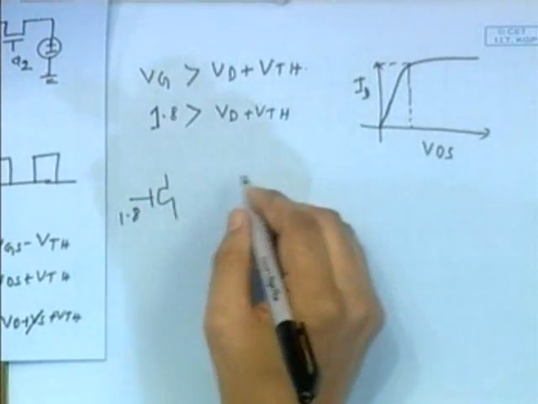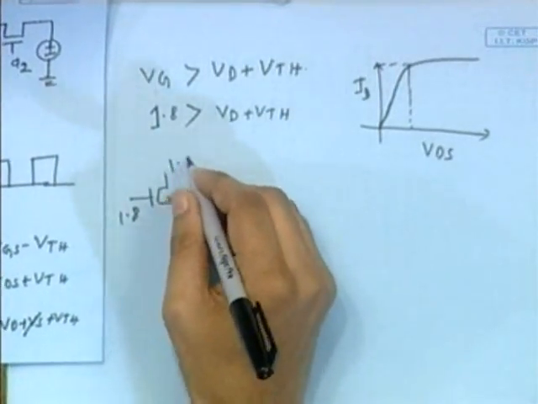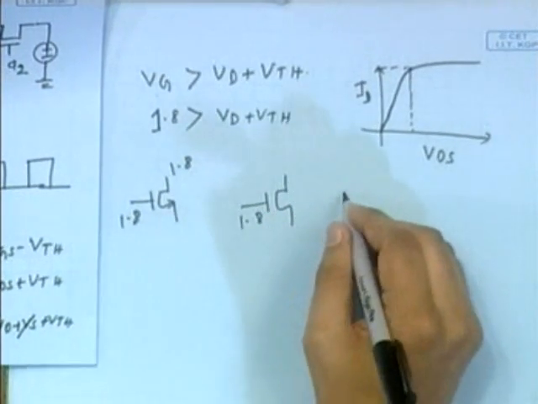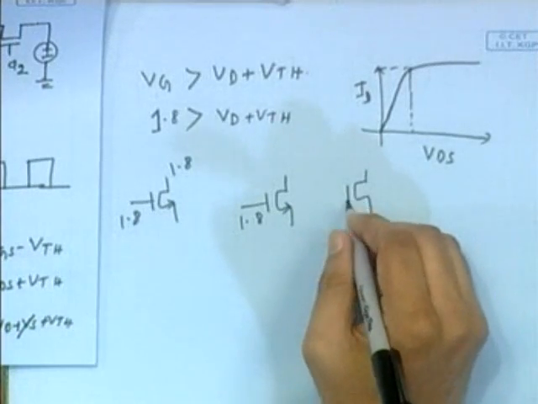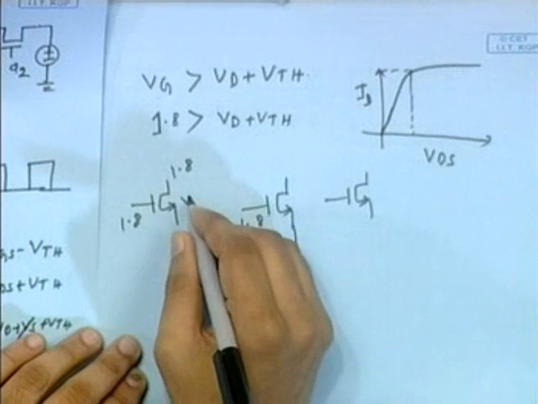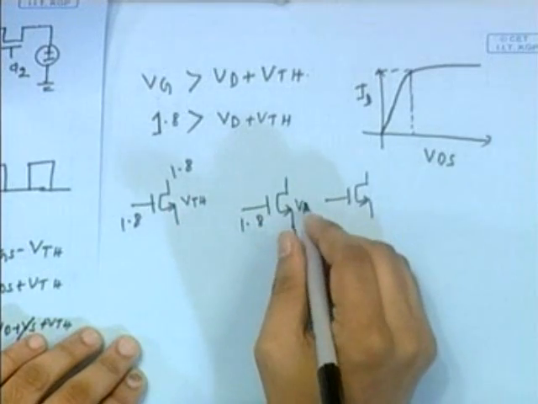This is 1.8, and Vth is the threshold voltage here.